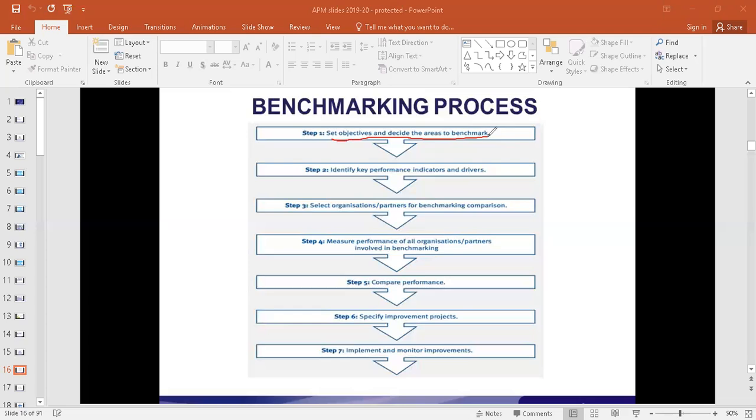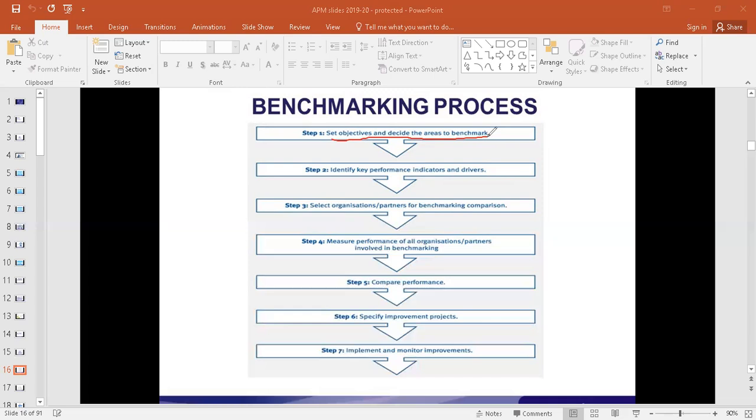Once the areas of benchmarking are decided, they have to decide on the KPIs and the drivers. How would they measure the performance related to the actual activity that takes place in the organization?